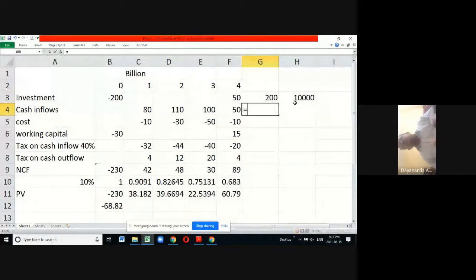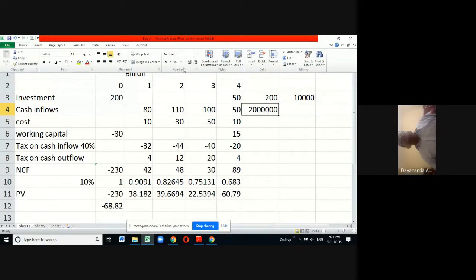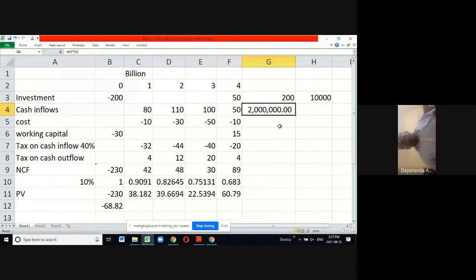You just multiply, and it is basically 2 million. If you are going to buy Sampath Bank, according to our data, the price has to be 2 million based on the market price.